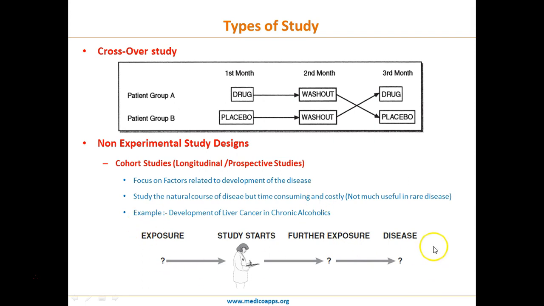So this is a cohort study. You can imagine the patient has to be followed for a very, very long period of time, for 10, 12, 15, 20 years, for the study to complete. So it's a very costly study, a time consuming study, and also it cannot be used for very rare diseases because the sample size would not be sufficient.